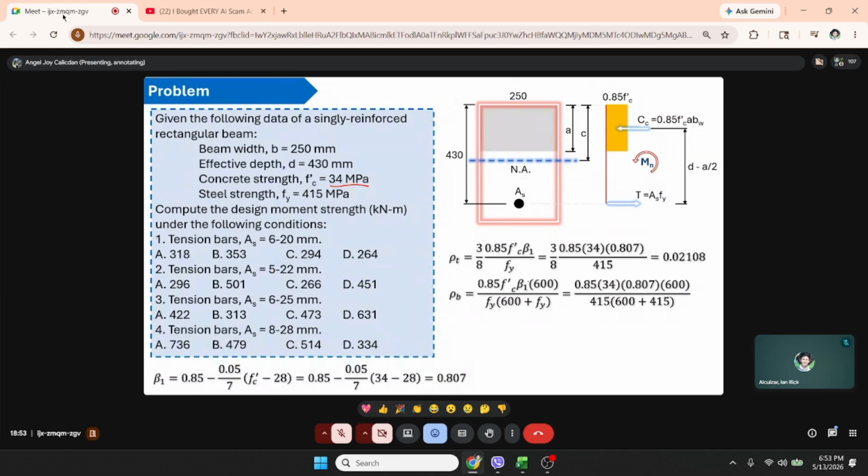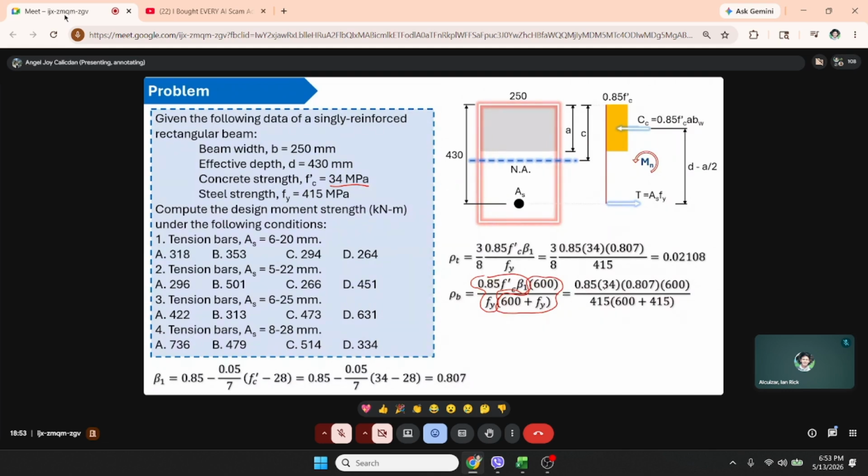And for rho balance, same siya diri na part, but kani lang siya ang nalahi. So for rho balance, magikan na tong c balance without the effective depth.